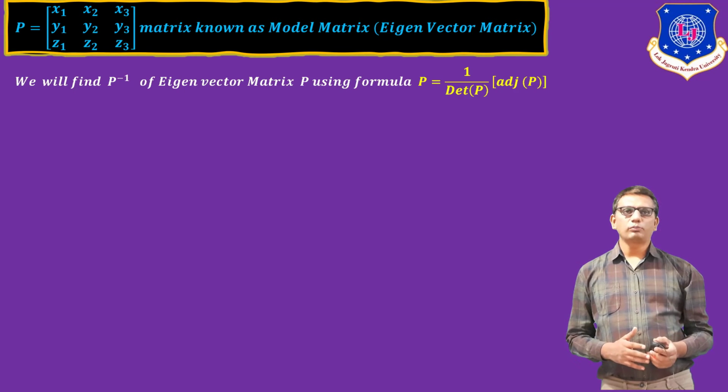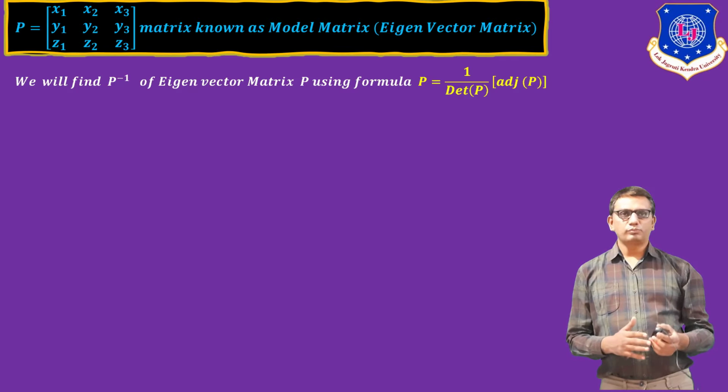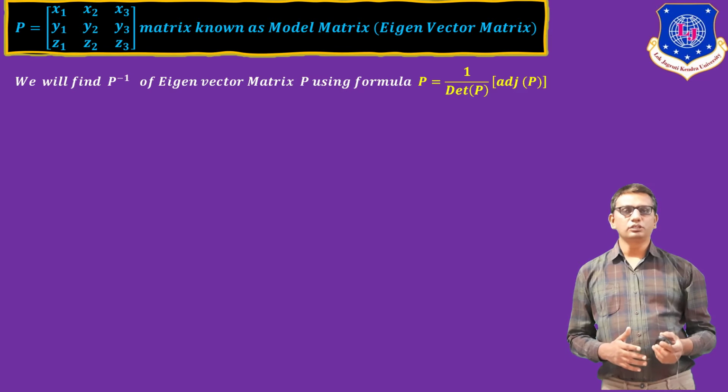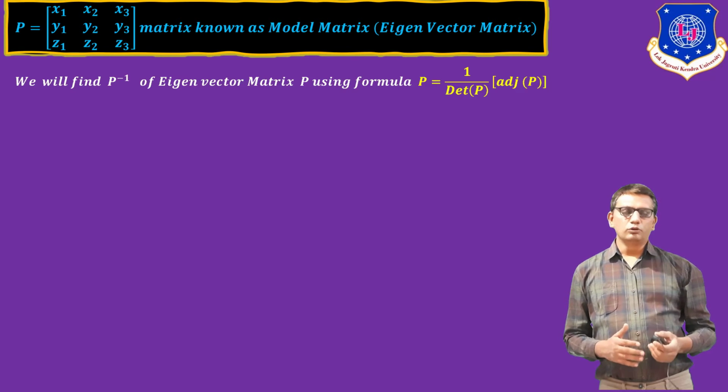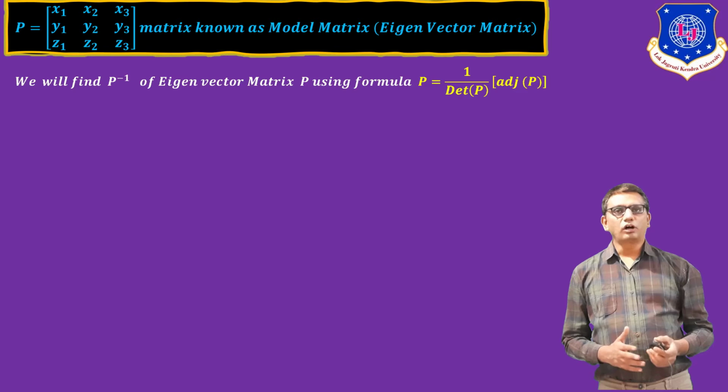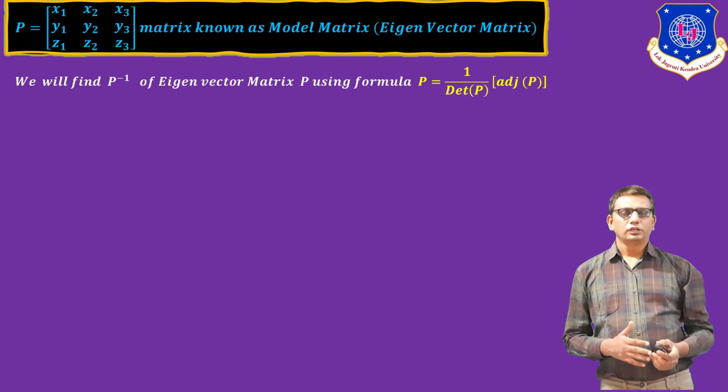So using the formula for the inverse of a matrix, P inverse equals 1 upon determinant of P into adjoint of P. Already we know how to find the determinant of P and adjoint of P. So I recall here how to find the adjoint of P. The adjoint of P is nothing but the cofactor matrix of each entry of the given matrix, 3 cross 3 or 2 cross 2.